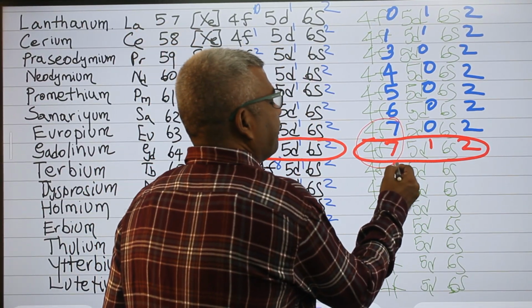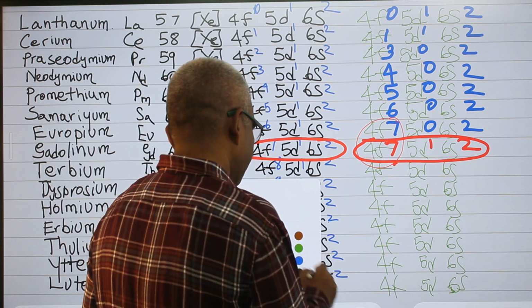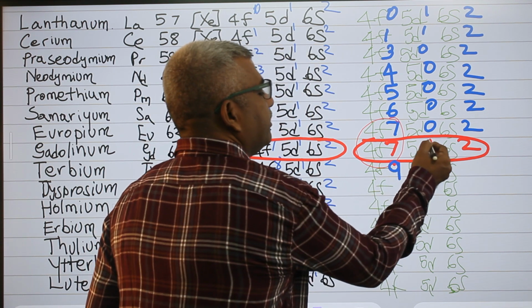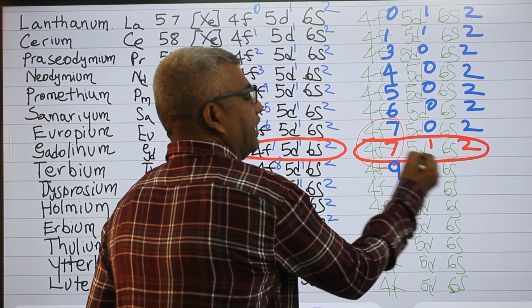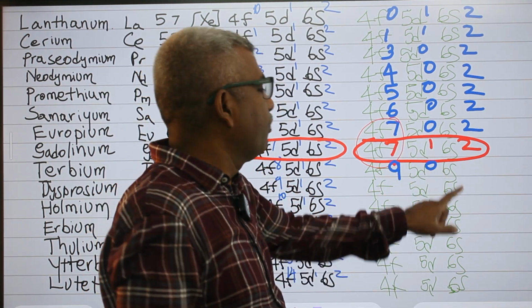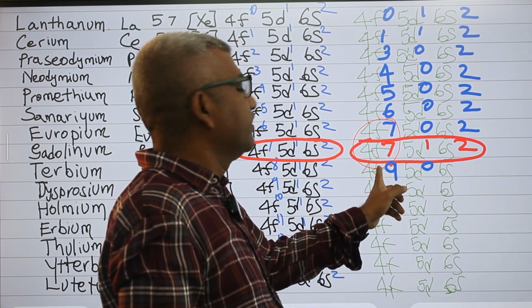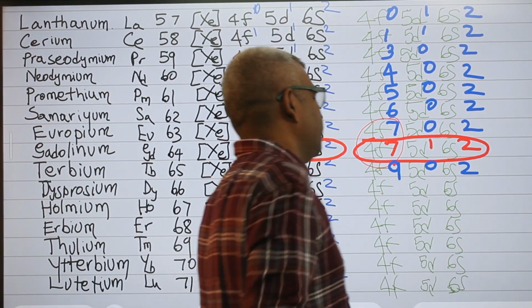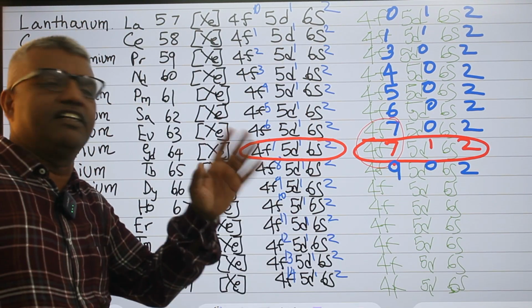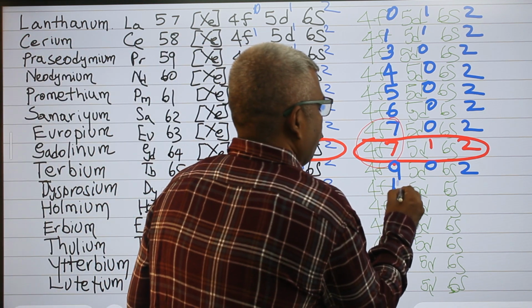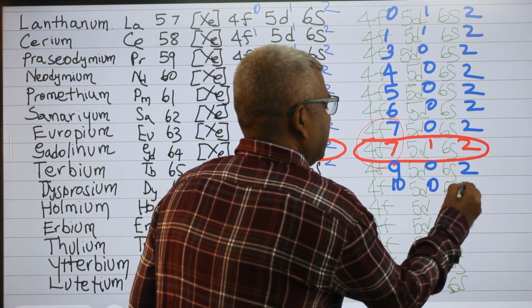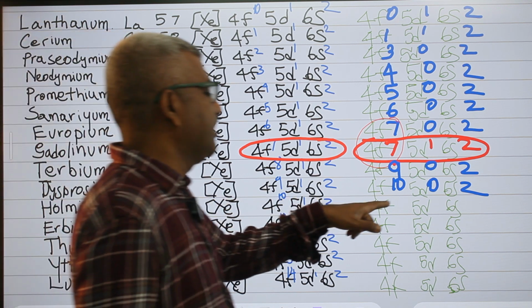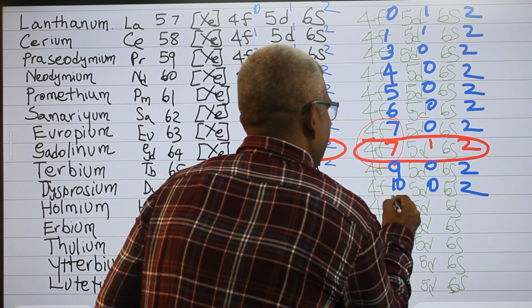So it becomes 4f9, and 5d will be 0 only, 6s2. Then the same trend continues. Dysprosium: 4f10, 5d0, 6s2.